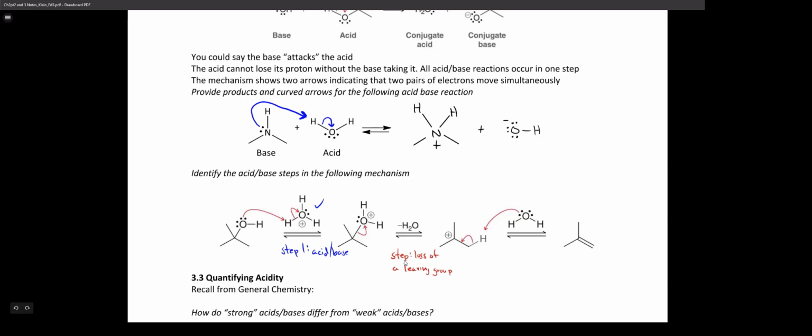Step 3 is something gaining or losing a proton, and you'll notice that water is taking that proton. So therefore, this is an acid-base. Or you could say this compound is losing a proton.